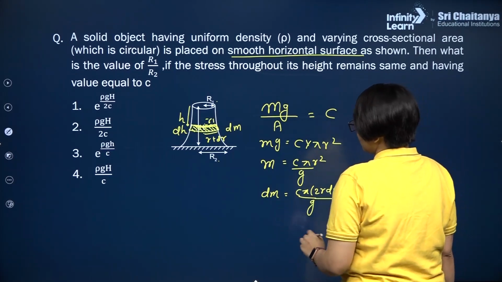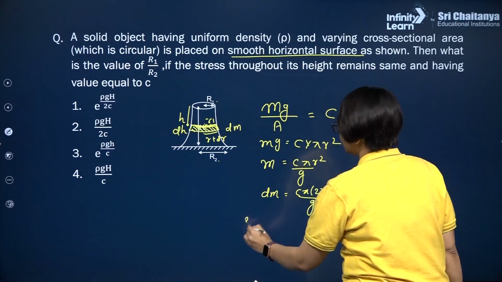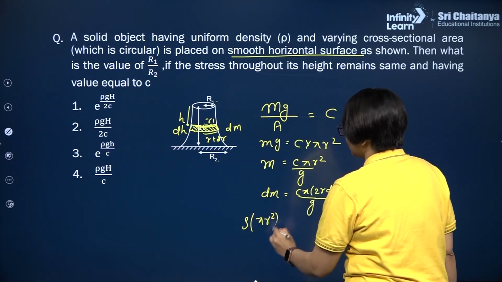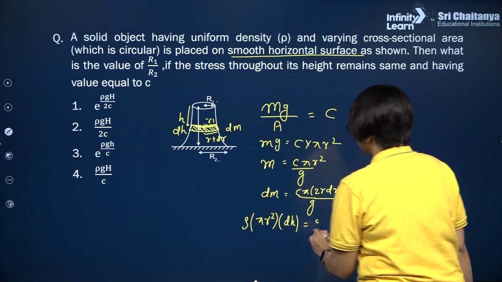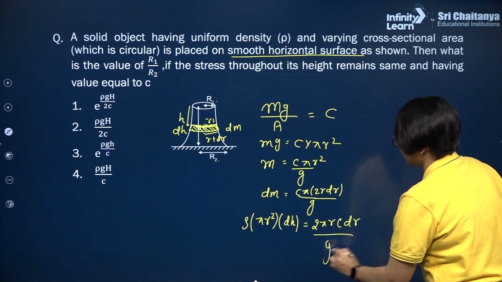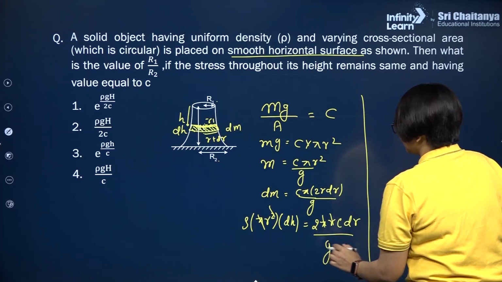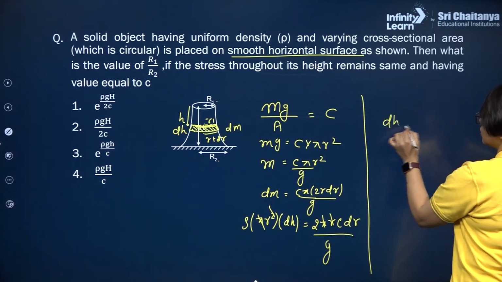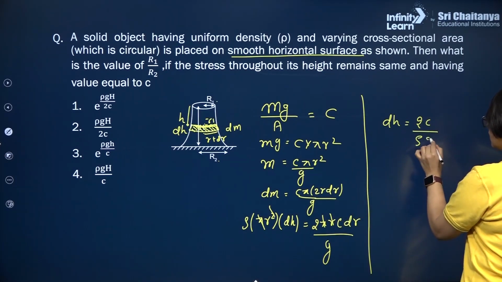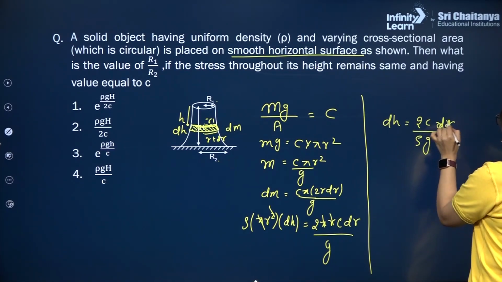Now, you can write dm as rho dv, where density is rho and dv is area of cross section into height, so it is pi r square into dh, and that is equal to 2 pi r C dr divided by g. Over here you can cancel pi and r, so you will get dh is equal to 2C upon rho g into dr upon r.